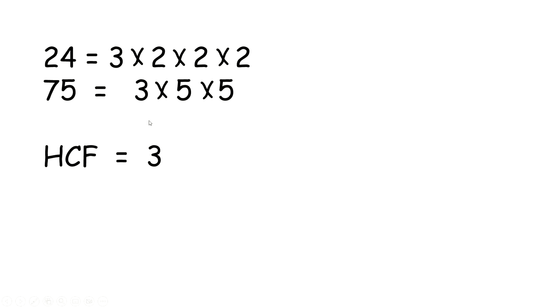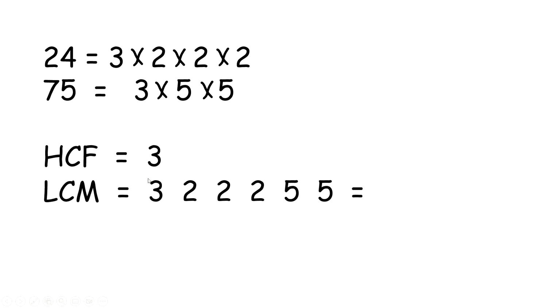Now comes the giant multiplication, which you're probably worried about. So we've got the HCF. Then we add all the prime numbers we don't have: 2 times 2 times 5 times 5. Just add in the multiplications real quick. So yeah, now we solve it. So take 75. 75 is 3 times 5 times 5.